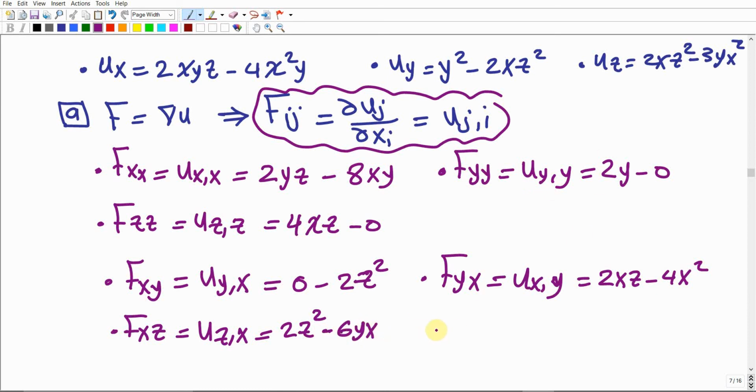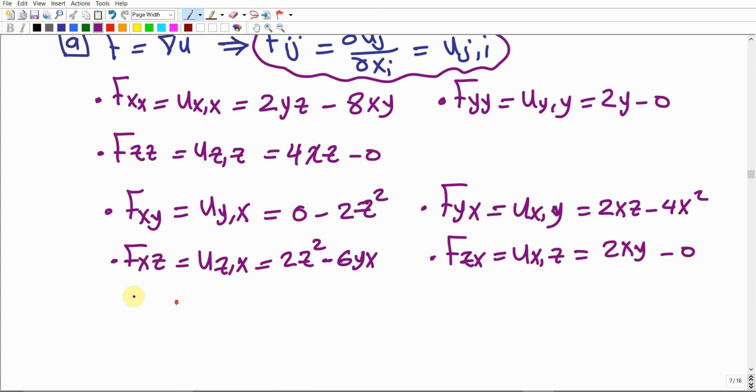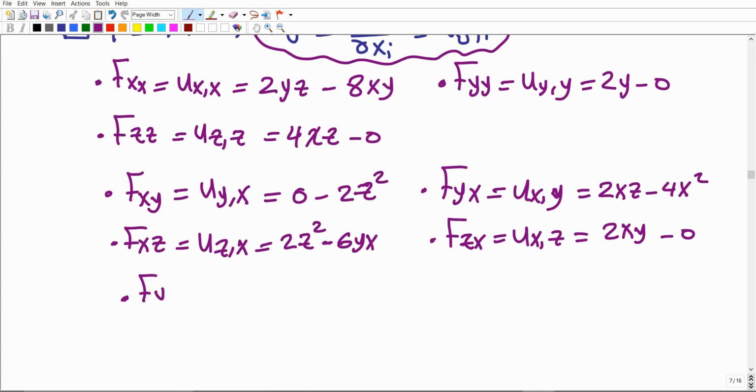And then this is for this one. Then we do have Fzx equal to u_x comma z. So u_x comma z is going to be, the first term will be 2xy, negative 0, because there is no z in the second term.